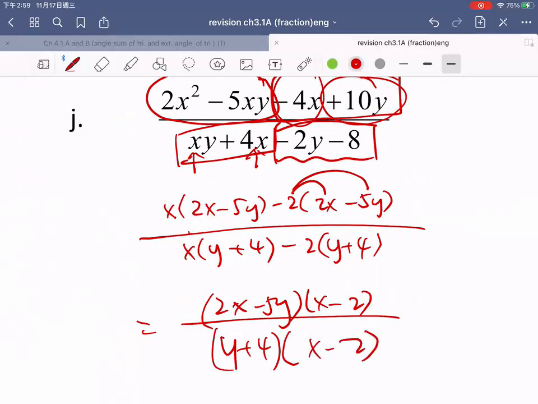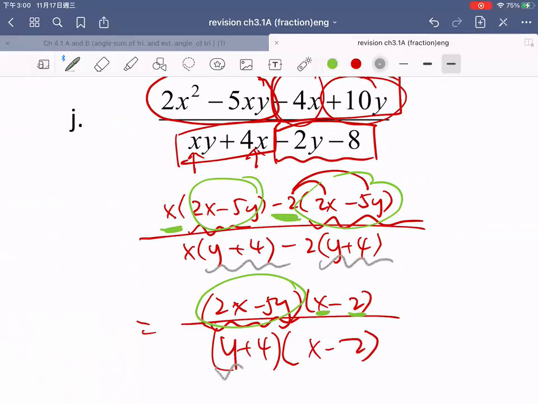Okay, common factor now, we have just x minus 2.